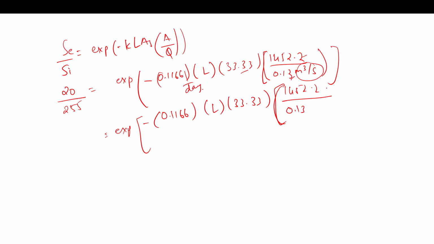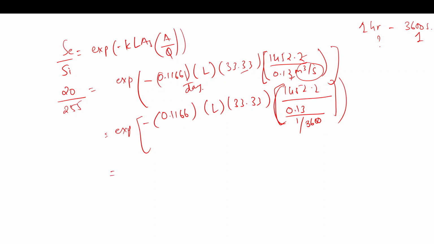So 1 second is nothing but 1 by 3600 hours. So 1 hour has 3600 seconds. 1 second is how much hours? So 1 by 3600. So calculate this.